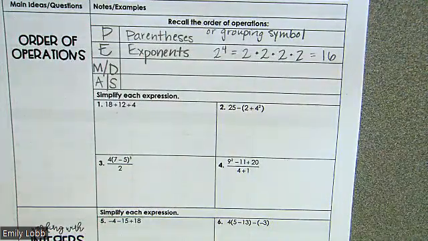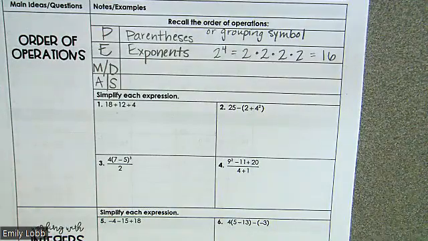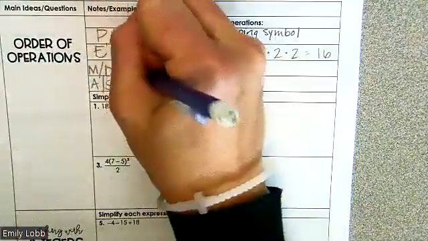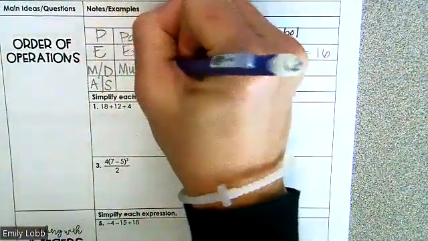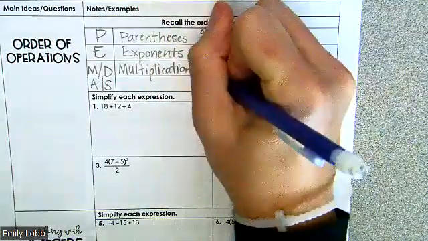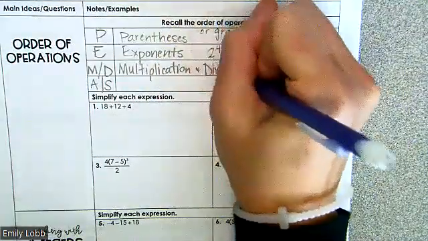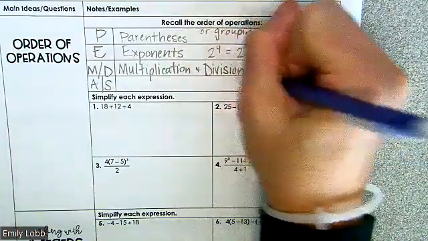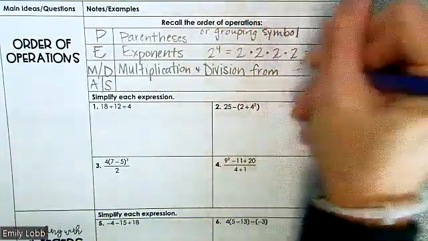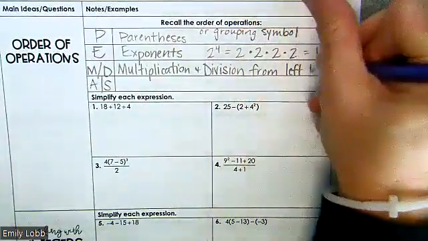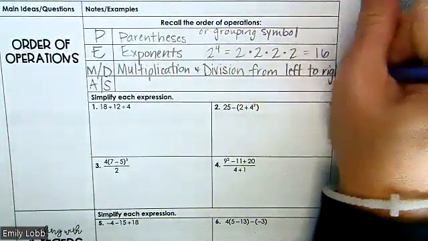M and D. What do those stand for? Multiplication and division, but be careful. This is multiplication and division from left to right.